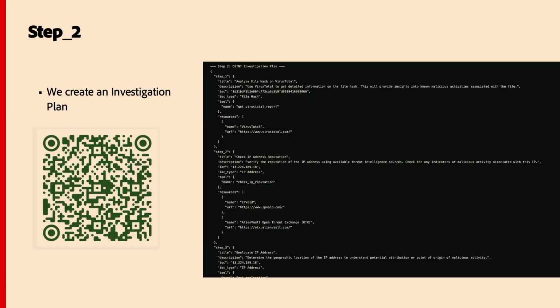With step 2, we now ask a new AI agent to take that detection that's been enriched and create a step-by-step plan to research that detection. With this one, I used a more powerful GPT model. Now, it breaks each step down, and it tells you the title of the step, the description, the IOC type, and then it also gives you a tool.